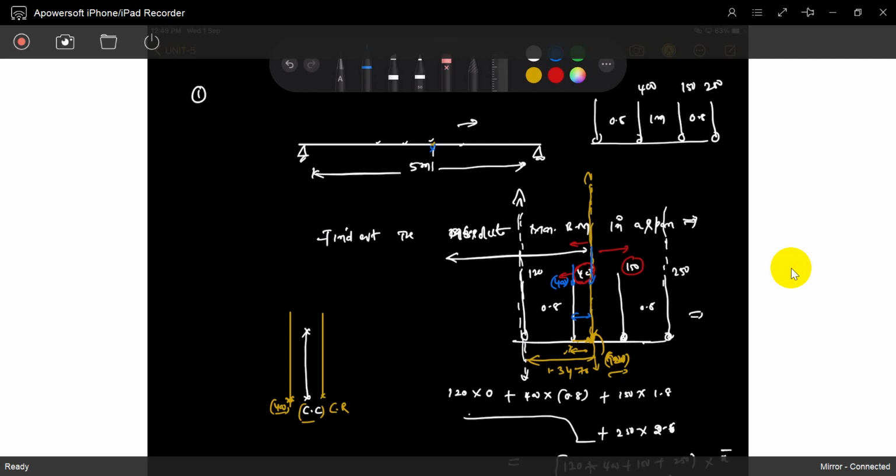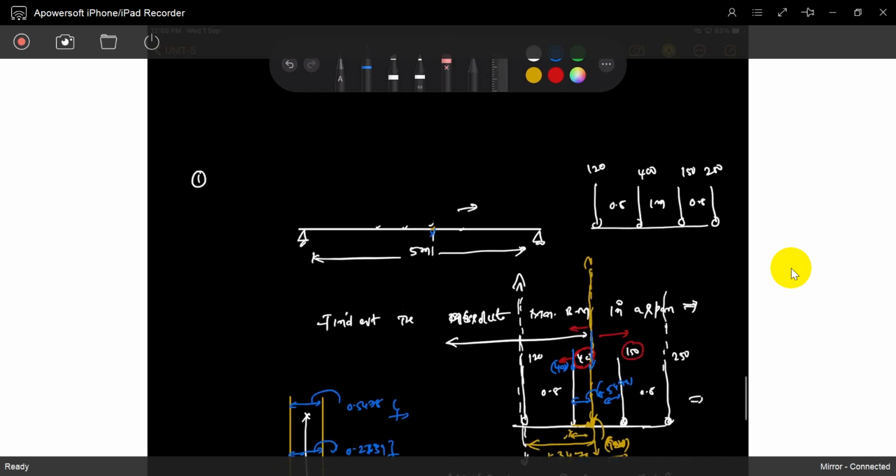It's 0.5478. Understood? So CC exactly bisects it, and half of this total value of 0.5478 is 0.2739. You will arrange like this.